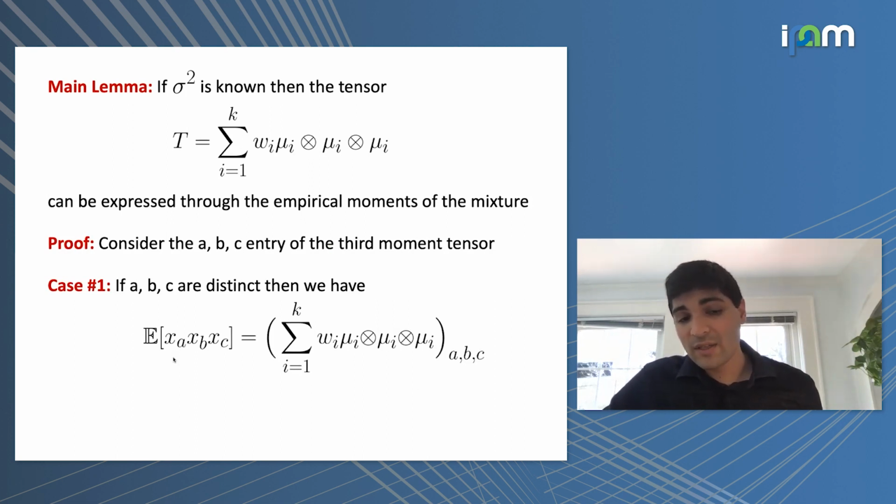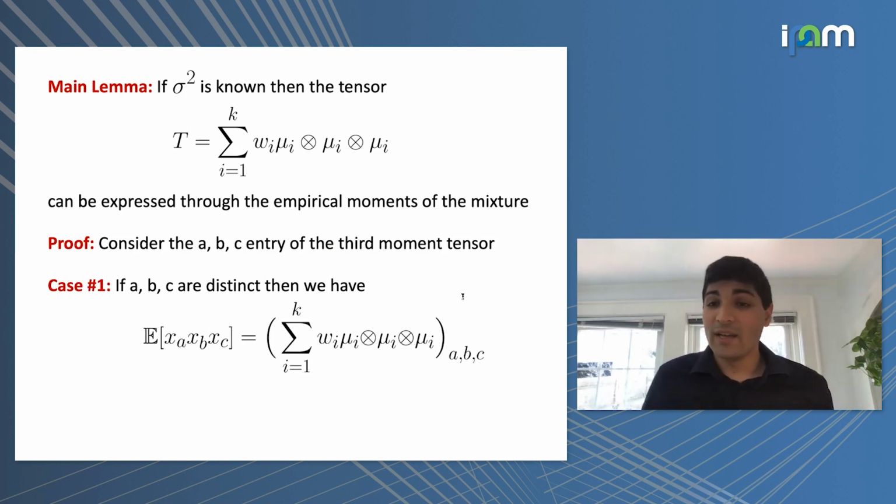If I look at the expectation of x sub A times x sub B times x sub C, well, what you can check is that it's literally the ABC entry of this corresponding tensor that I want. This is because a Gaussian, you take it by choosing the center and then adding random Gaussian noise to it, but that noise has expectation 0. So it doesn't show up in the expectation.